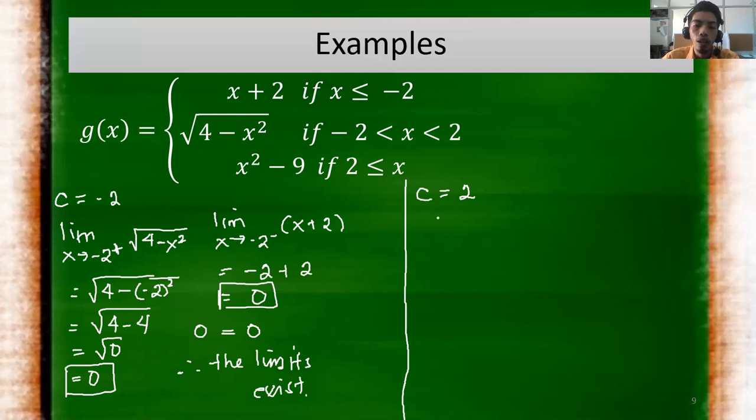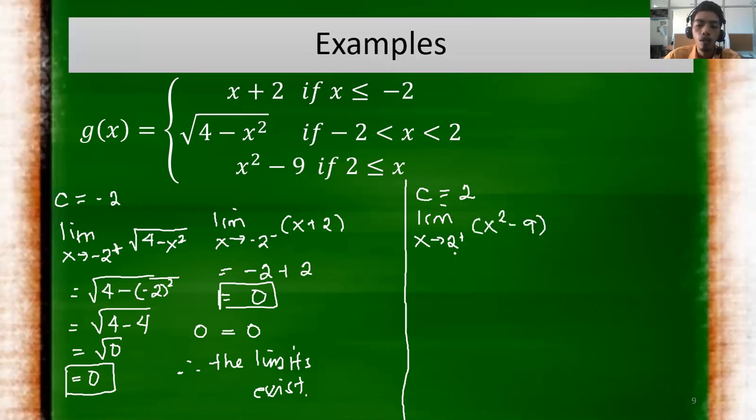So here naman, we are going to find the limit as x approaches 2 from the right. So ibig sabihin kung alin yung greater than 2. So dito, ang greater than 2 ay yung pangatlong function. Bakit? Yung pangalawa kasi less than 2. So therefore, yung pangatlong function understood na yung greater than 2. So we are going to use x squared minus 9.